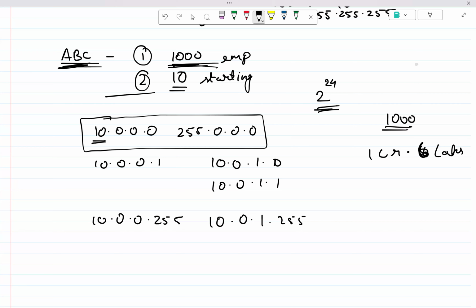What about the rest of the IP addresses? It's going to be a complete waste, right? If I choose such IPv4 distribution, the IP addresses are going to go waste very quickly.